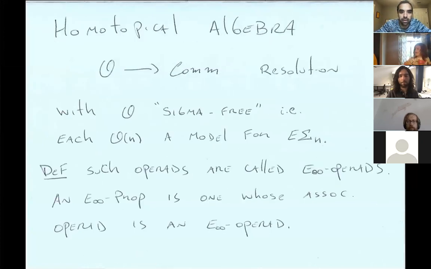Furthermore, yep. One question. So there's no restriction on the operad having multiple inputs and one output? Yeah, so we're in the operad context when we're defining sigma free resolutions. No, so, I mean in the E infinity prop definition. Yeah, so there's no restriction apart from the fact that when you forget structure to the one input and many outputs, you end up with an operad that is a model for E infinity.